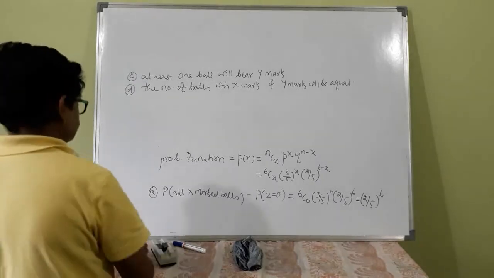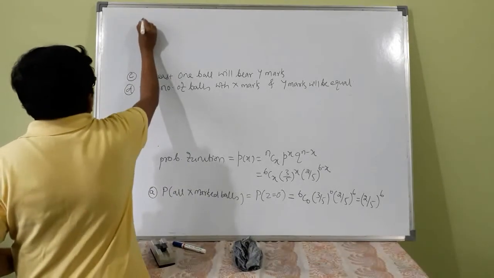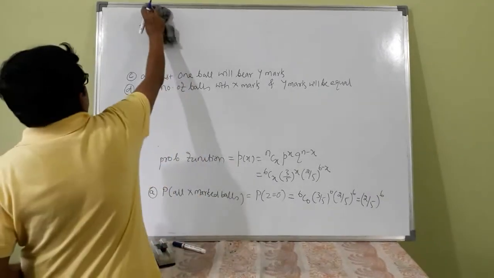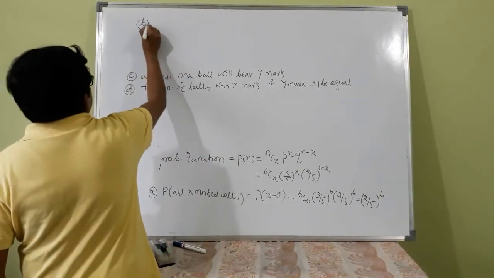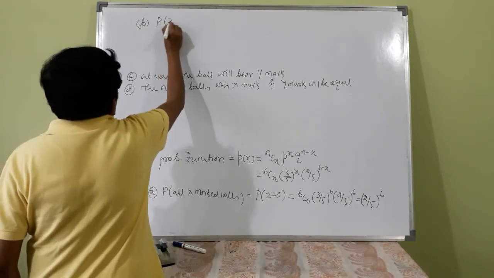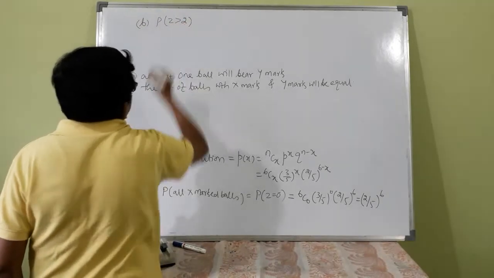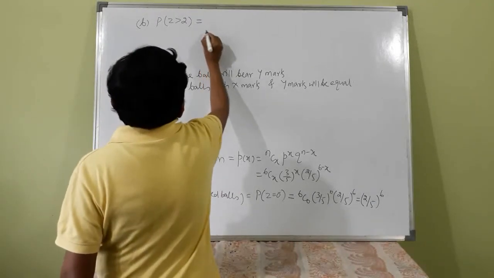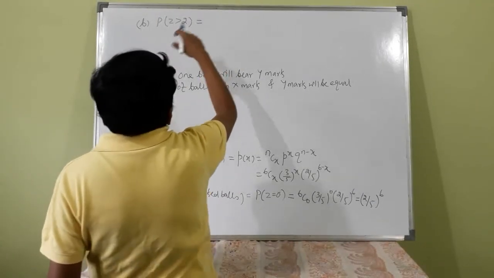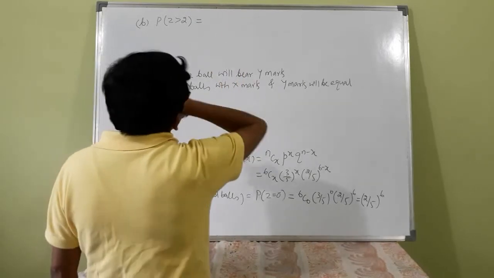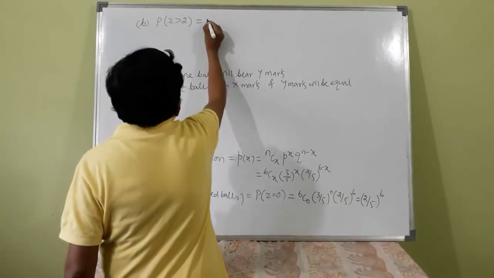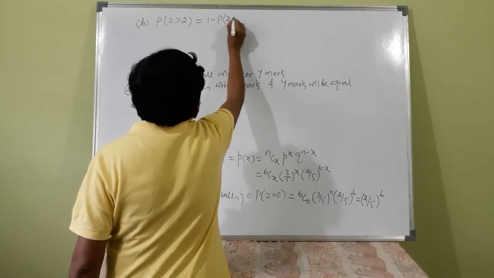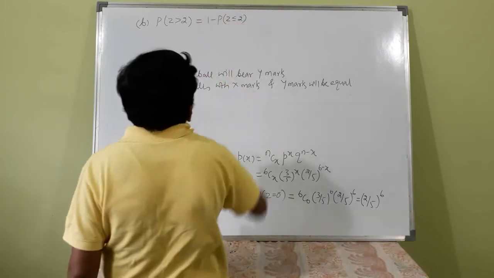So part B is probability of Z greater than 2, more than 2, that is probability of 2, 3, 4, 5, 6, or 1 minus probability of Z less than or equal to 2.